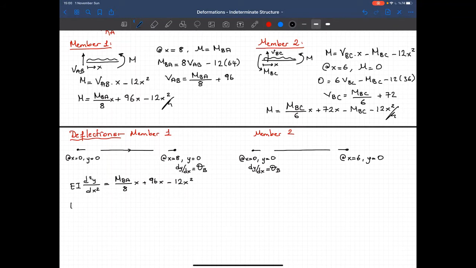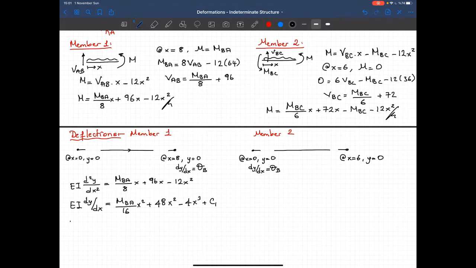Integrated one more time, I got EI dy over dx as equal to MBA over 16 x squared plus 48 x squared minus 4x cubed plus C1.